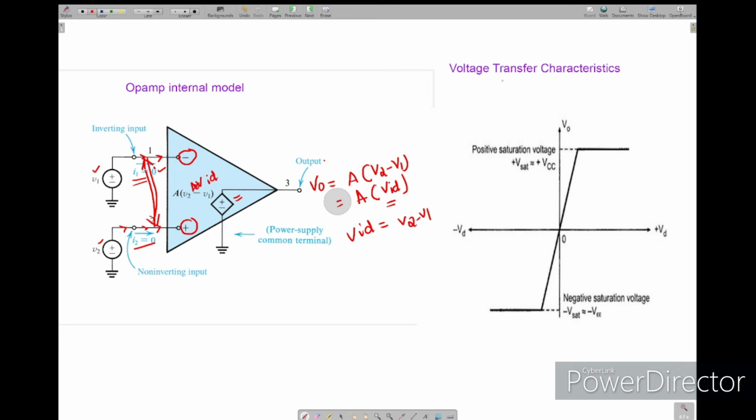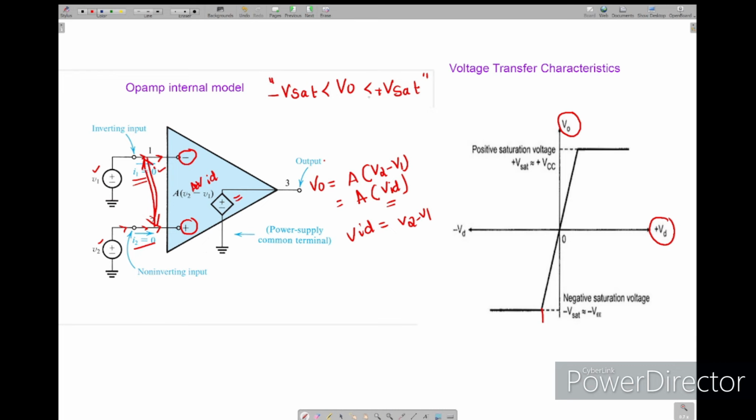So if you see the voltage transfer characteristics, we will take the x-axis as input, y-axis as output. This input is the difference of these two pins. Now I will tell you the output of the op amp depends upon the maximum output voltage. The maximum output voltage at the op amp, already I mentioned, is plus Vsat to minus Vsat.